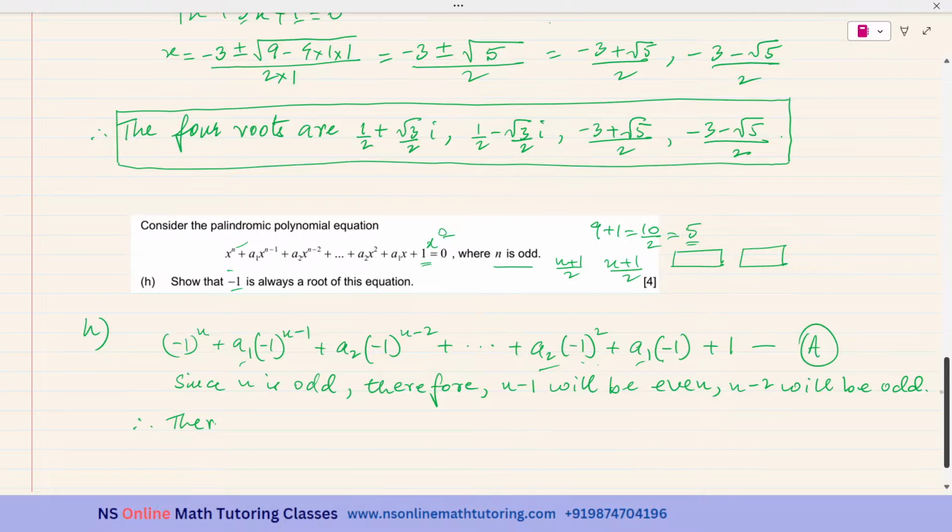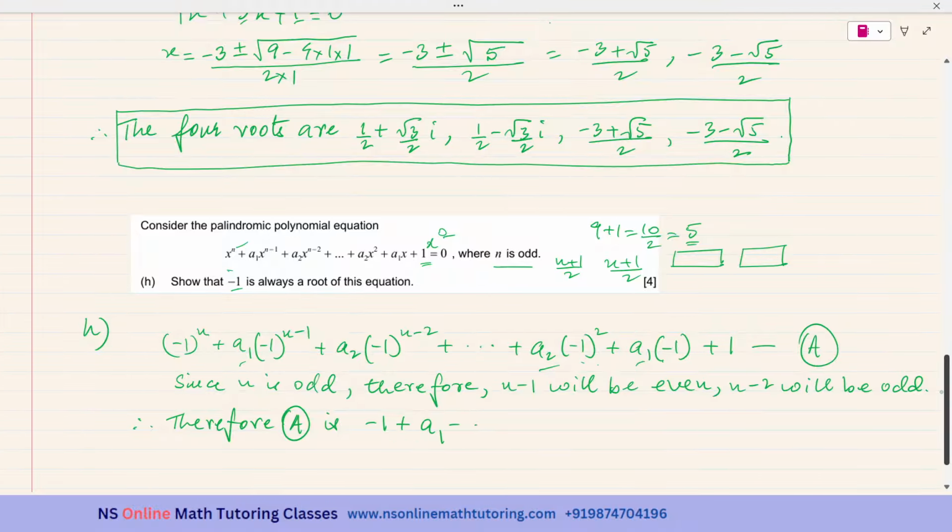Therefore, A is minus 1 to an odd number is minus 1, plus, n minus 1 is even. So minus 1 raised to the power of an even number is 1. So it is plus a1. n minus 2 is odd. So minus 1 raised to some odd power is minus 1.